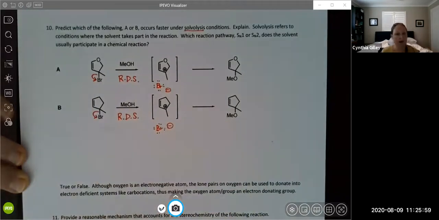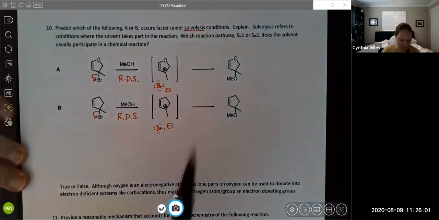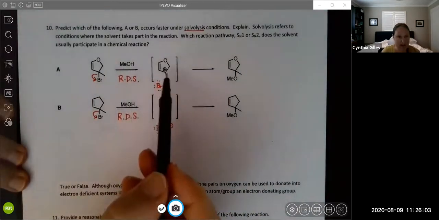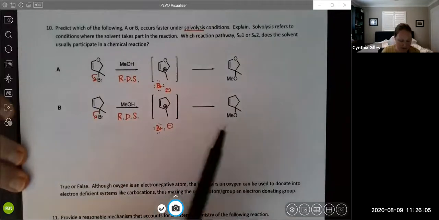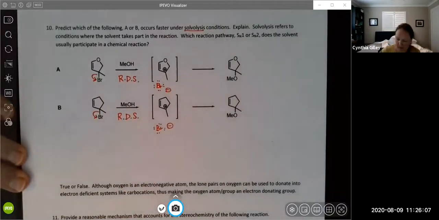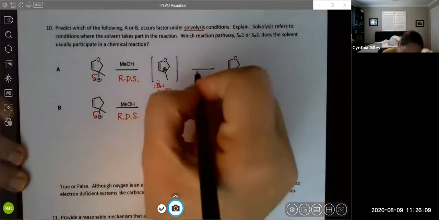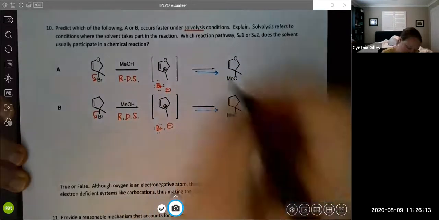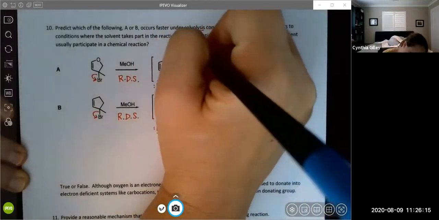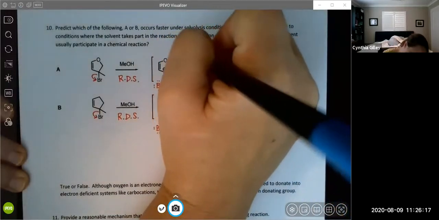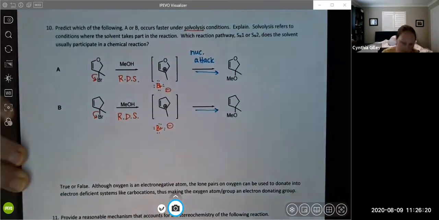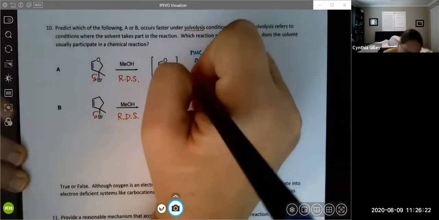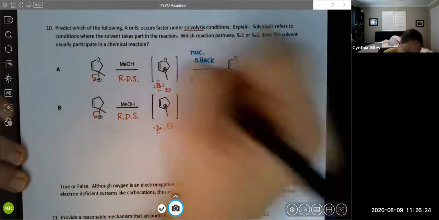Then a series of steps occurs where methanol does a nucleophilic attack, followed by a proton transfer to get these products. So there are 2 more steps in the SN1 mechanism: the nucleophilic attack of methanol and proton transfer.